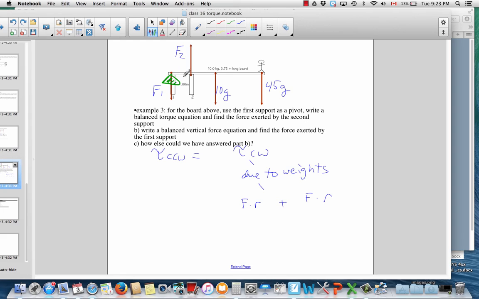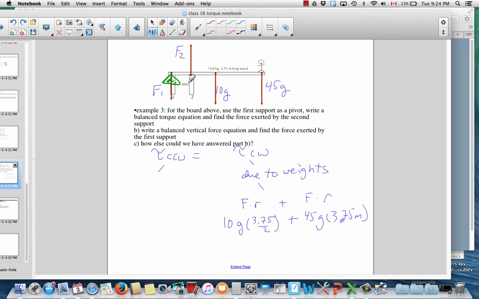Now, it's a 3.75 meter long board, so this force here acts at the halfway point. So that's 1.875 meters. So we've got 10 G's of weight acting halfway along the board. Then we've got 45 G's of weight, this one out here, acting at the end. That'll be the full 3.75 meters from the pivot point, which is here.